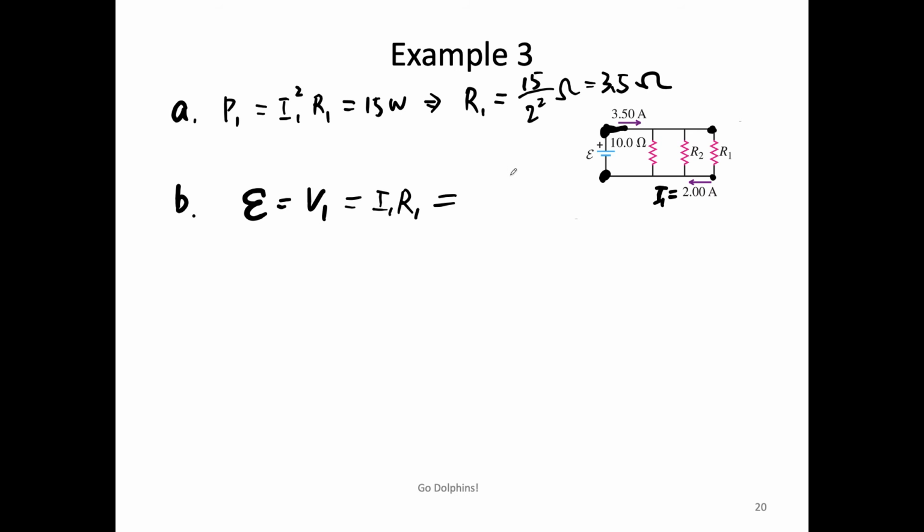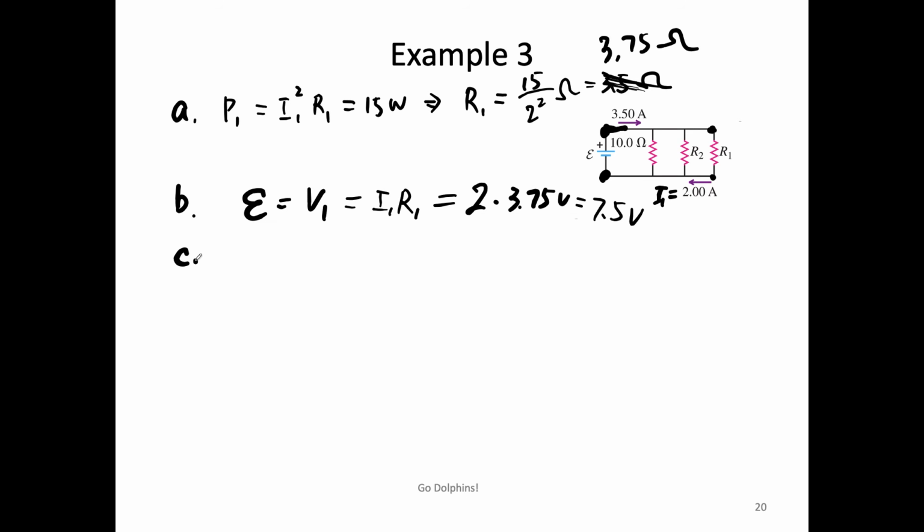I1 is 2, R1 is... not 3.5, sorry. 15 divided by 4 is 3.75. Okay. I1 is 2, R1 is 3.75. That's 7.5 volts. Epsilon is 7.5 volts.